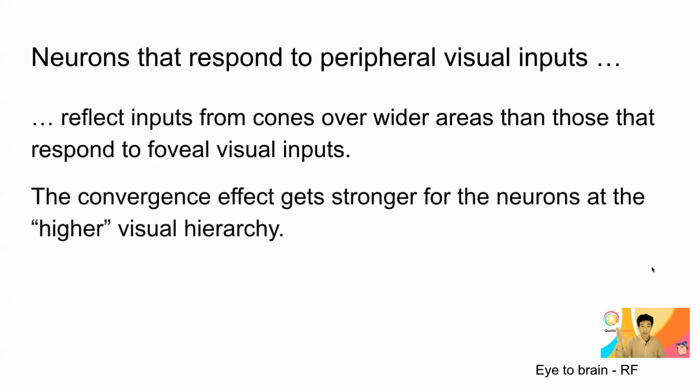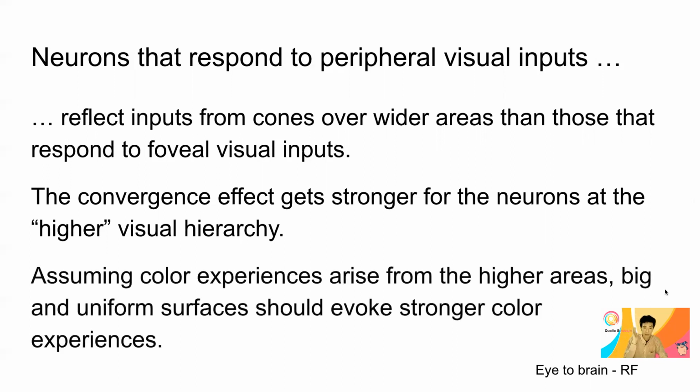The convergence effect gets stronger for the neurons at the higher visual areas. So even at the level of the retina, there is already some kind of convergence, and that becomes bigger in the visual cortex, and even bigger as you go up the visual hierarchy. And the visual hierarchy is the next topic in this video.